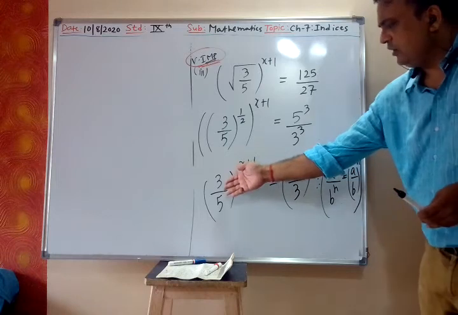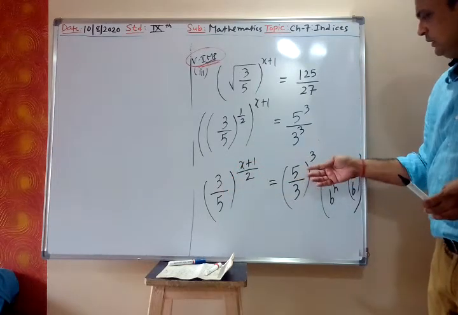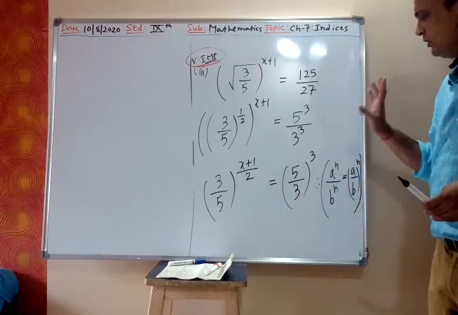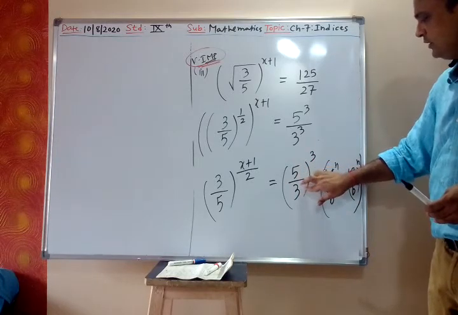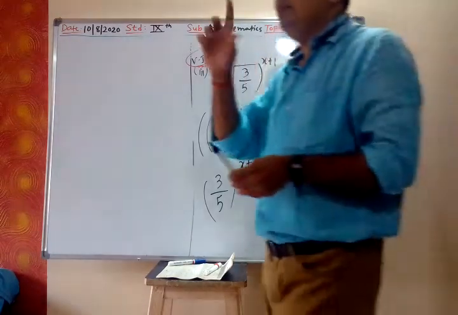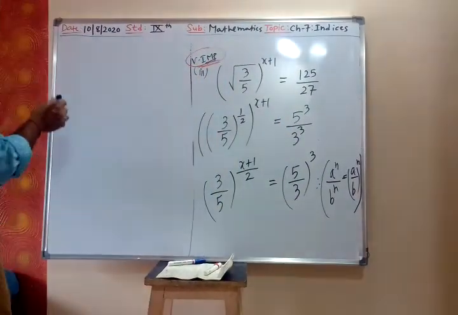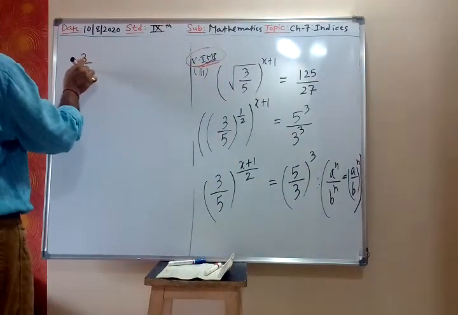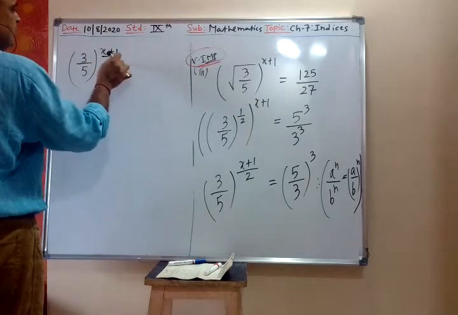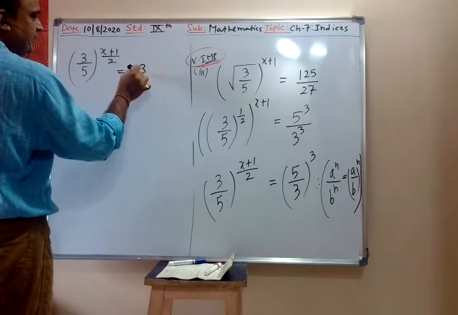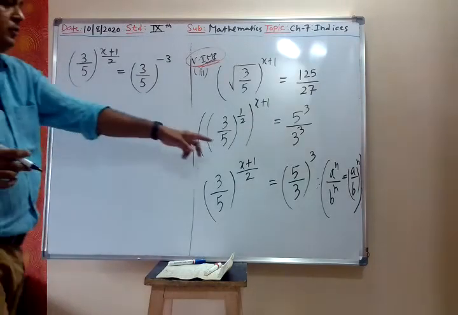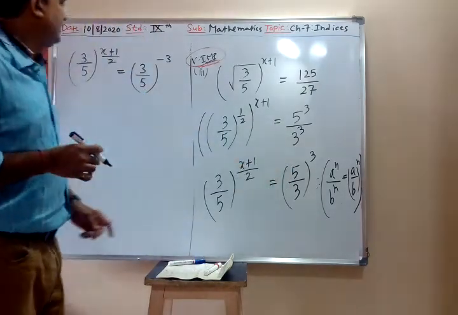You can take the reciprocal on LHS, no problem, but I am taking it on RHS because it is 5 by 3 raised to 3 only. I will take the reciprocal of the term inside and then make the power negative. The power I will not take the reciprocal of, I only change its sign. So this becomes 3 by 5 raised to x plus 1 by 2 is equal to 3 by 5 raised to minus 3. I have taken the reciprocal of 5 by 3 as 3 by 5.